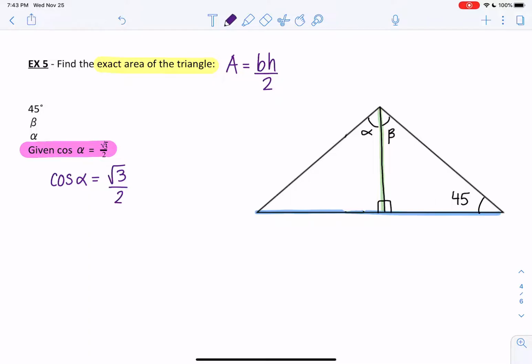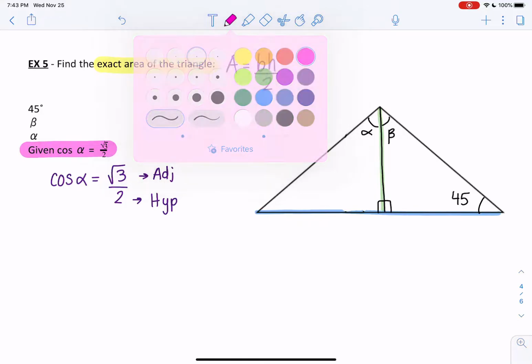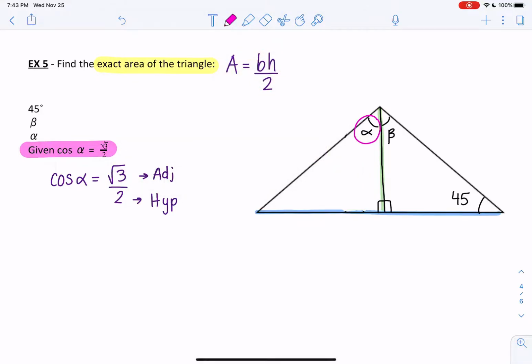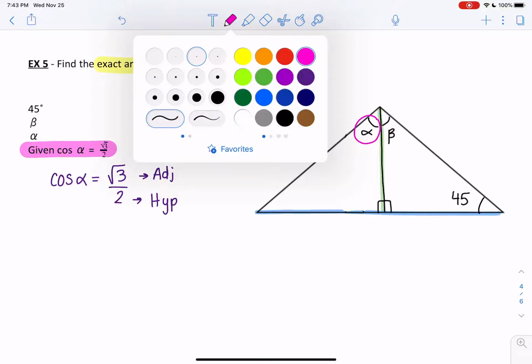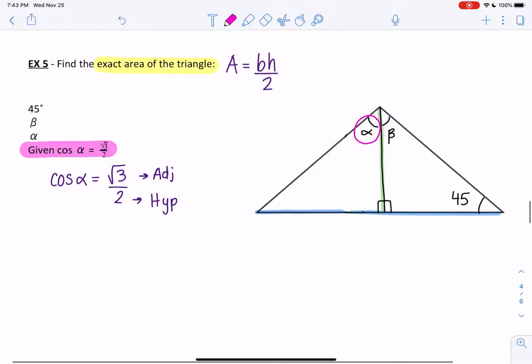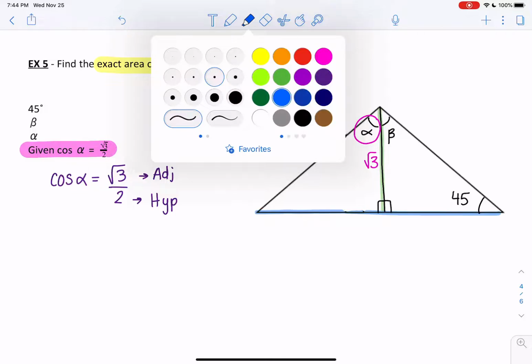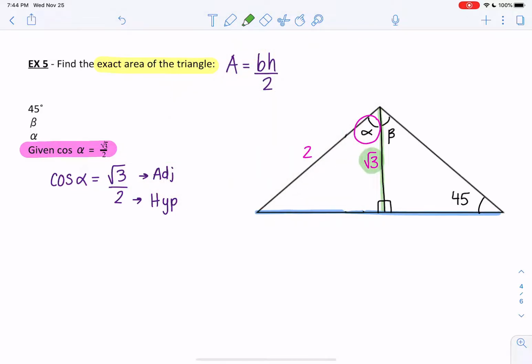Now we know that for cosine, our ratio is adjacent over hypotenuse. So if I circle my angle alpha, this cosine value gives me my adjacent side, root 3, as well as my hypotenuse. So what that's done is it's given me my value for my height. My height of my triangle must be root 3.